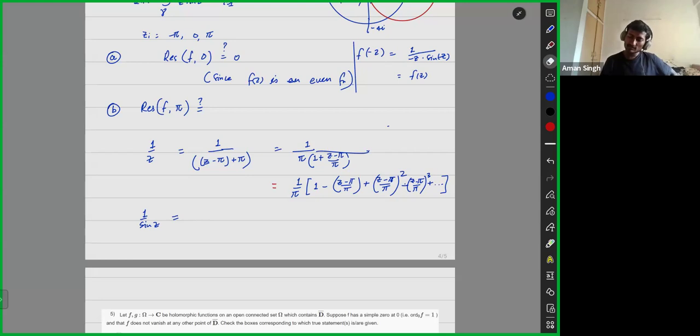So how to write the power series expansion for this? Someone of you can tell me if you know. Usually what happens? f of z naught plus something and so on. But here it is not.